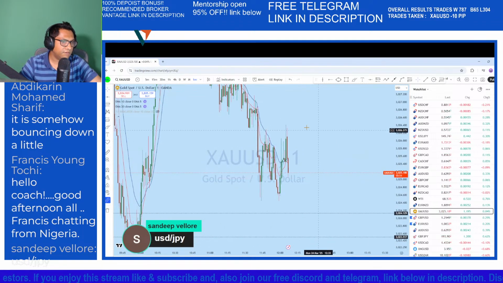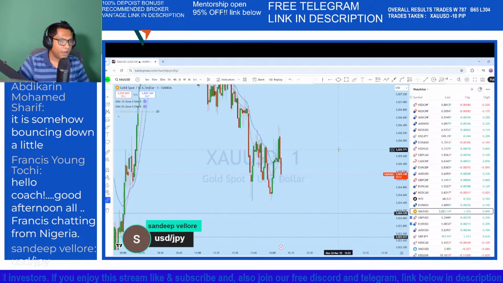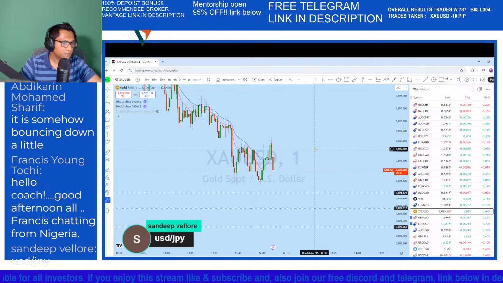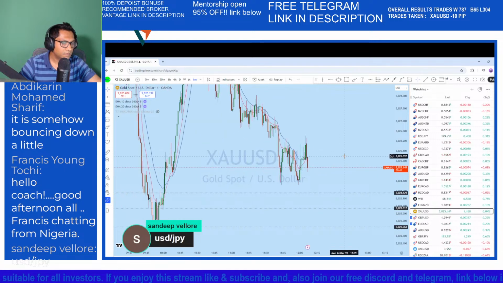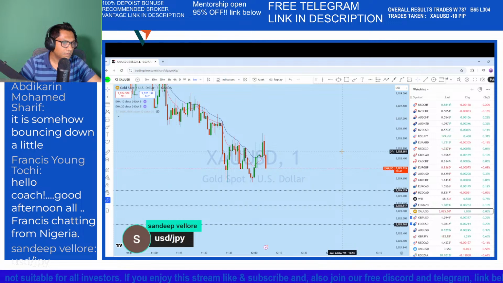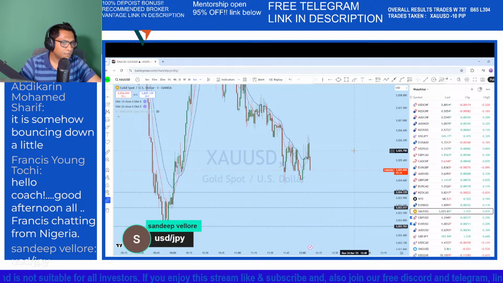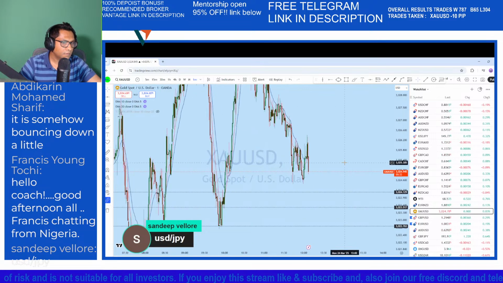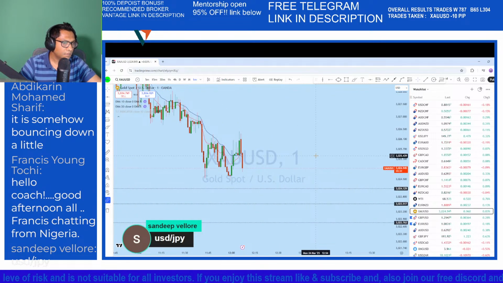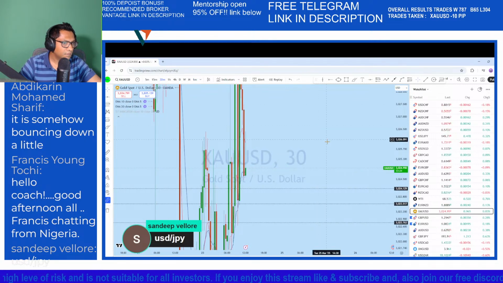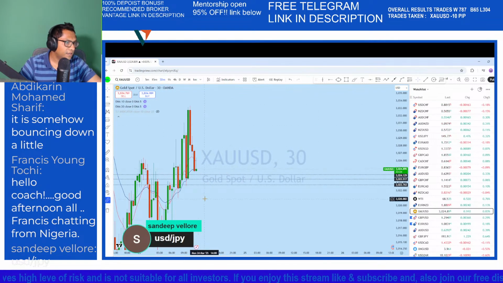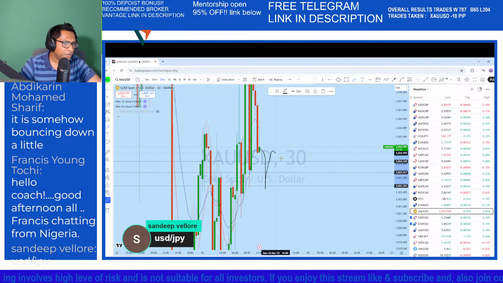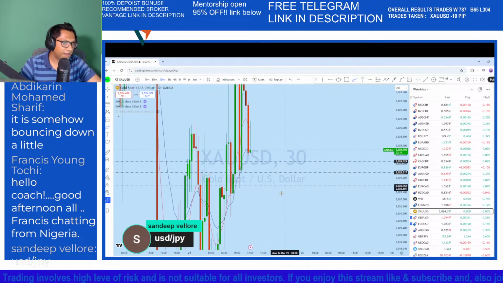Okay, so it grabbed that liquidity. Okay, so would like to see that here, if this current candle, guys, if you see that it has dropped here, we could see a very strong reaction from the buyers.